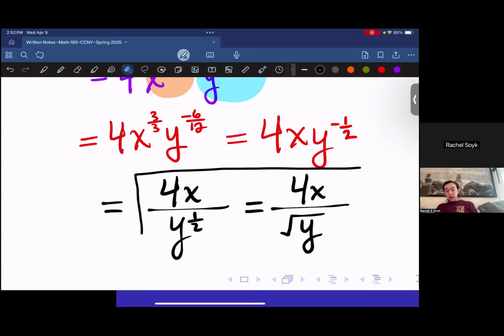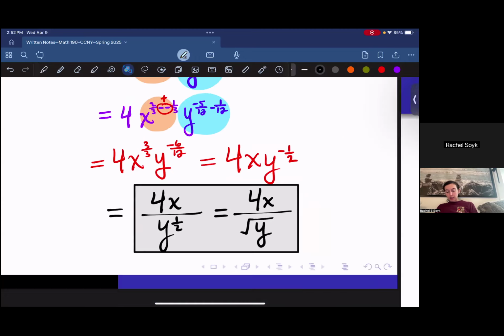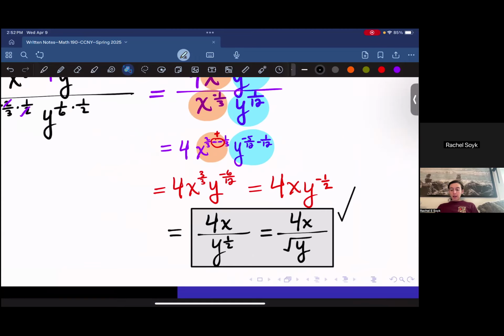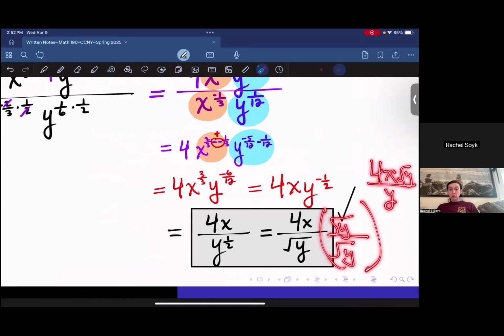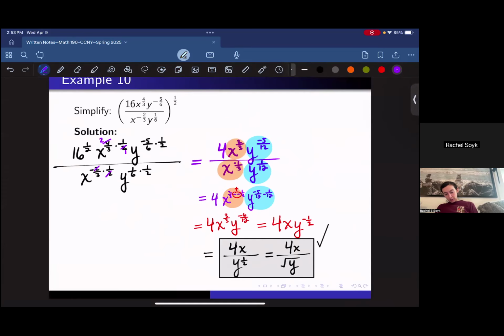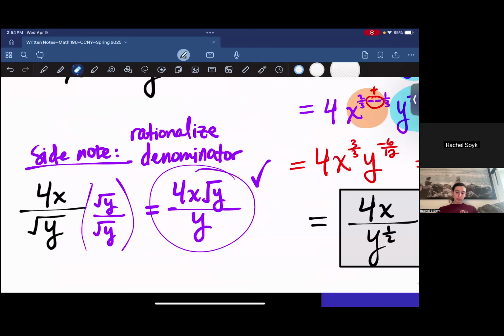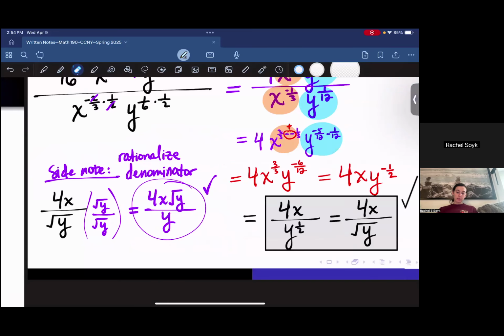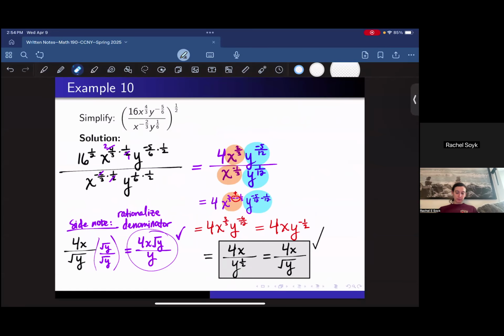Now, if they asked you to rationalize the denominator, then you would have to multiply by square root of y over square root of y, and you would get 4x square root of y all over y to make sure there's no radical in the denominator. And maybe I'll write that as a little side note. Oh, there we have it. We're good to go.